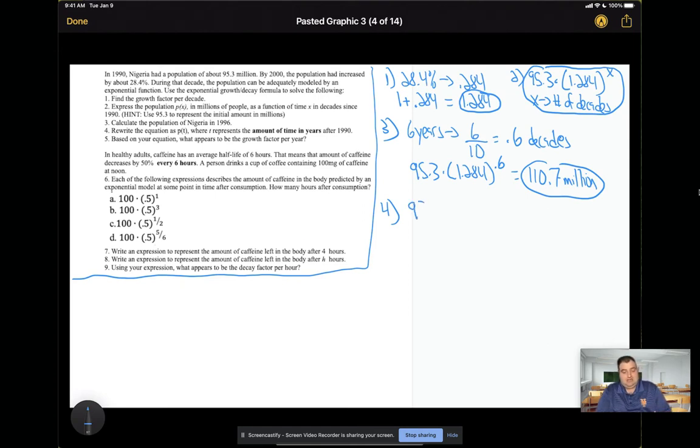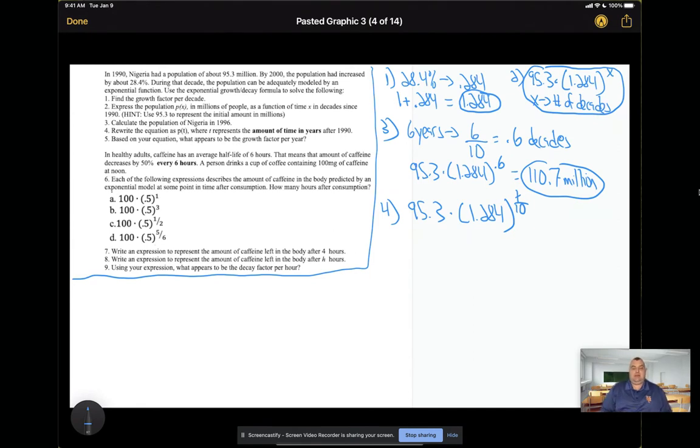So how is that going to work in terms of the equation? It's going to be 95.3 times 1.284 to the power of, and what variable did they say to use? They said to use t. So 1.284 to the power of t over 10.